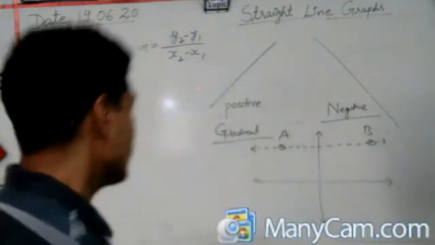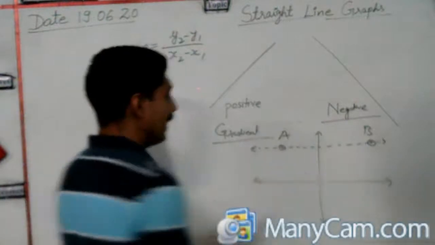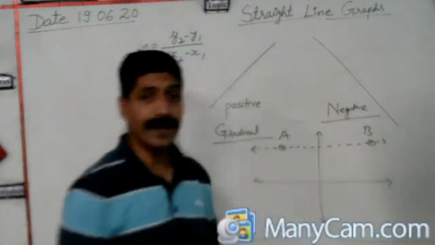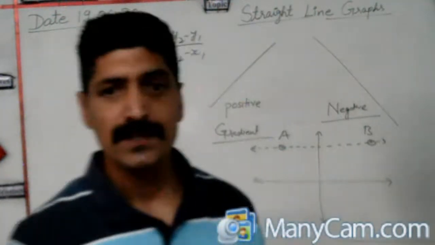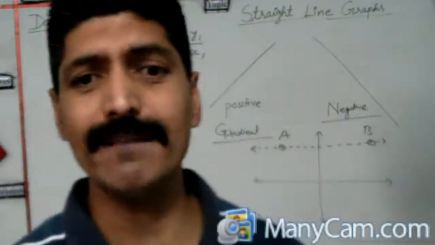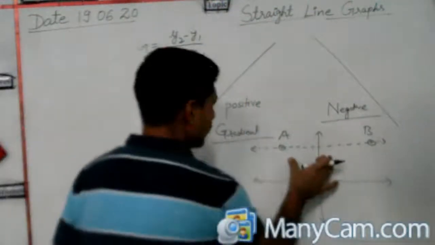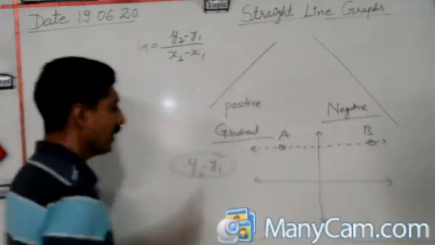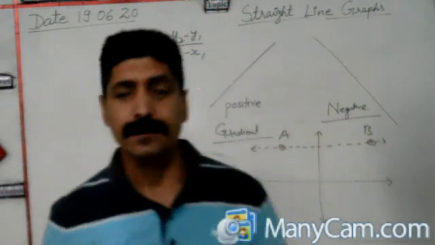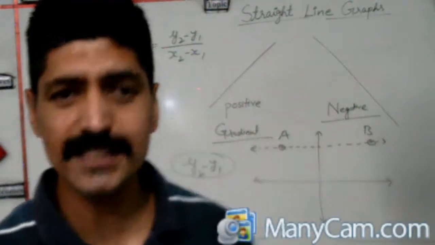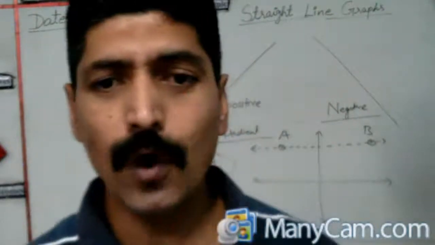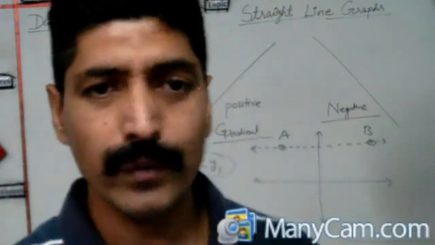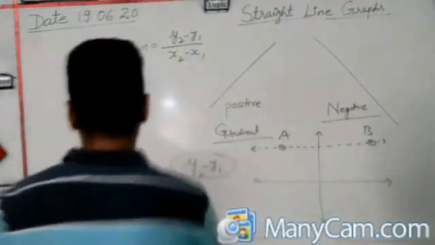For the line parallel to the x-axis, the value of y remains the same. So y2 minus y1 is always 0, and 0 divided by anything is 0. So we can say that the slope or gradient of the horizontal line is 0.